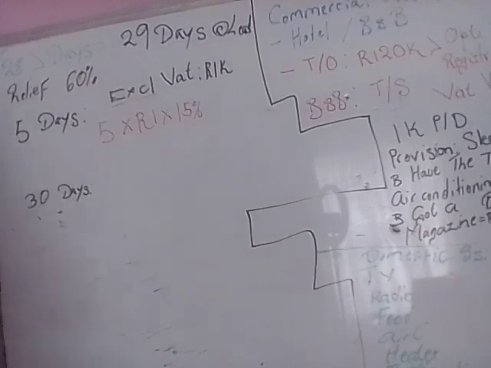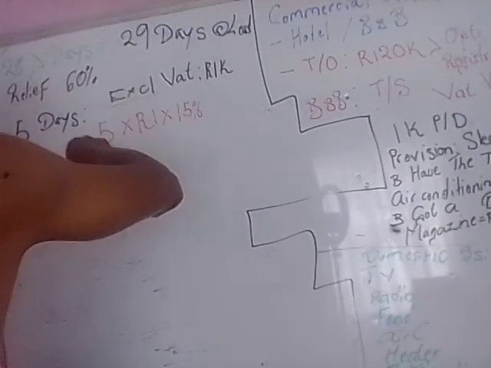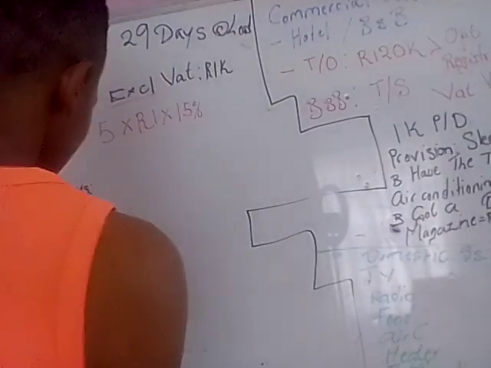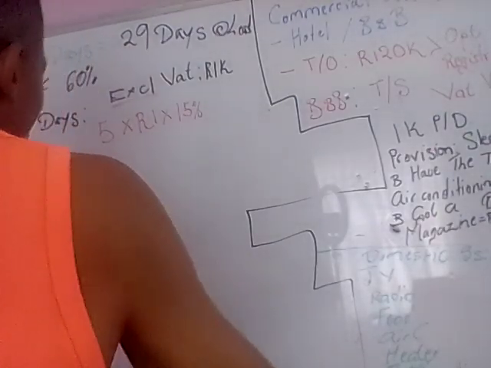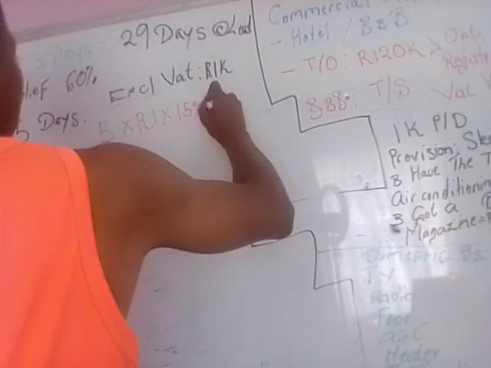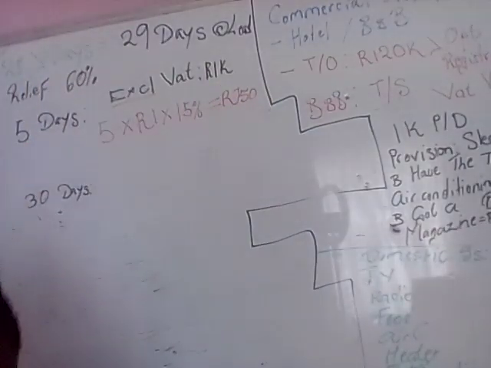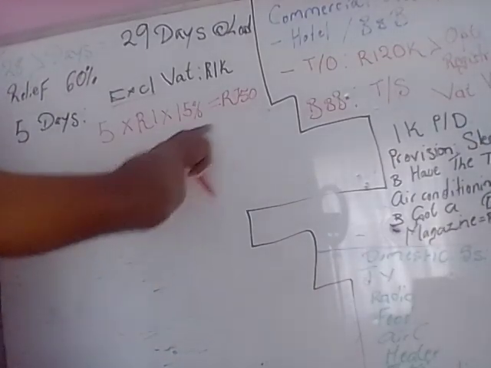So 150 times 5 would be 750 as the output VAT, which is correct.